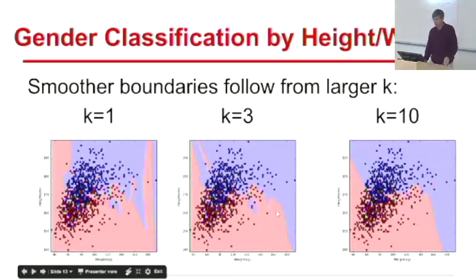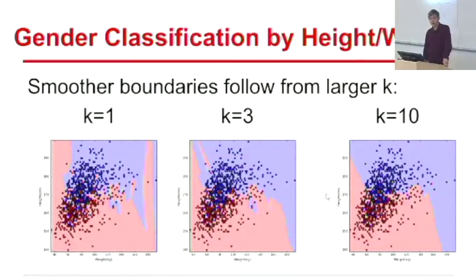There still are a few weird artifacts. This point seems to be isolated enough and near enough to another woman that this one kind of stands out. Okay? But if we make k larger and larger, at some point it generates a relatively smooth boundary. Okay? And the exceptions have kind of gone away.